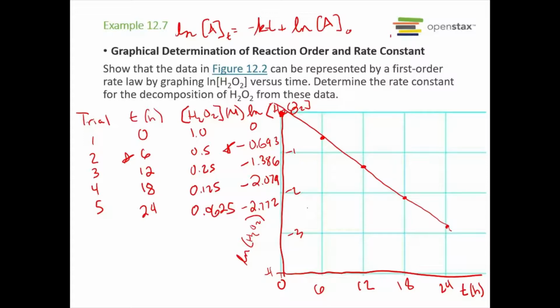In this case, we make a perfect line, but if you were doing this experiment or something like it in a lab, your line's not going to be perfect. So that's where having a computer to plot the best fit line comes into play. Your computer would give you your equation, y equals mx plus b, and then you could look at it and go, boom, m, that's my slope. Now I know my k.